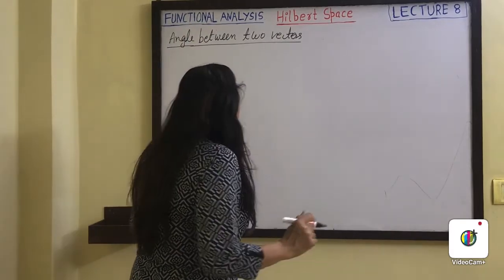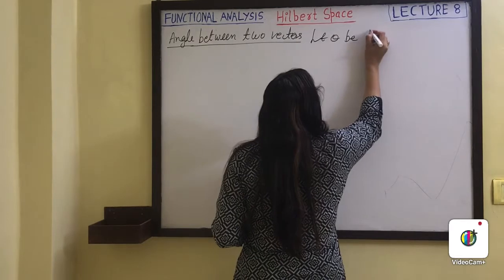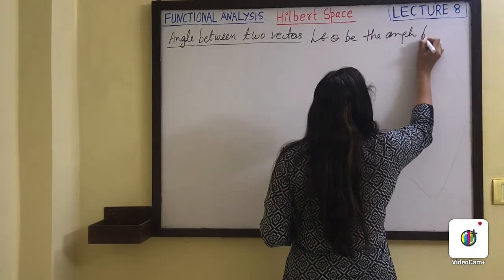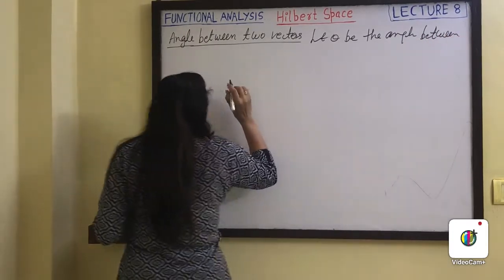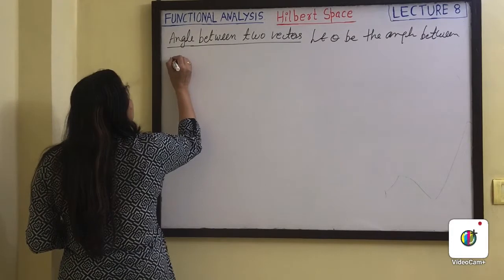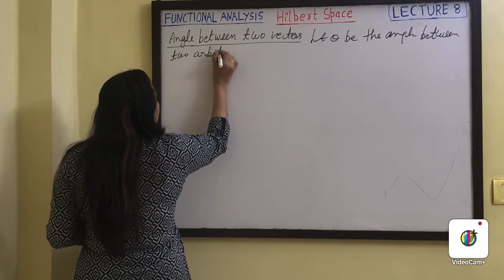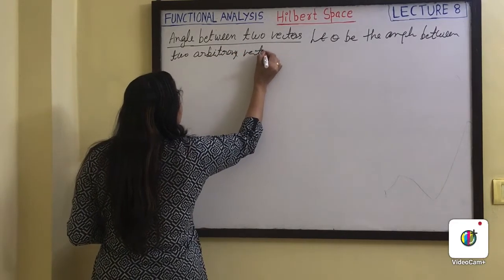Angle between two vectors: let theta be the angle between two arbitrary vectors x and y.